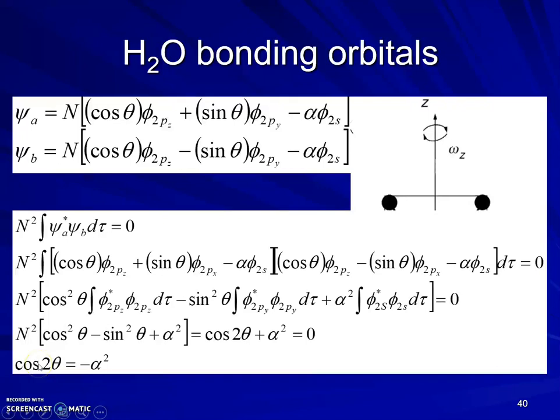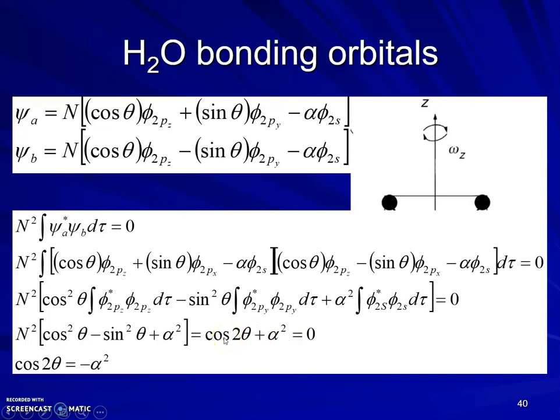Now to simplify the math even a little bit further, I'm going to use the trig identity that cosine squared minus sine squared is the same as cosine of 2 times the angle that's described. So that brings us down to, and we can drop the n squared if we're going to set this equal to 0 for normalization, because the n squared divides out.